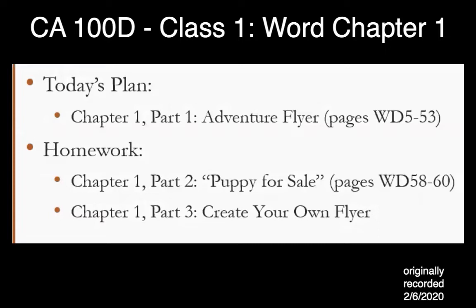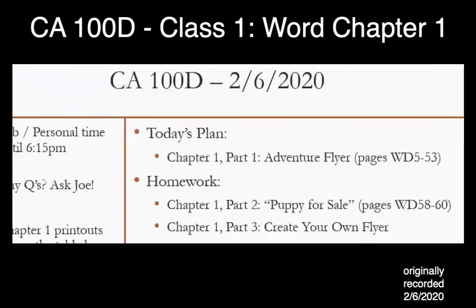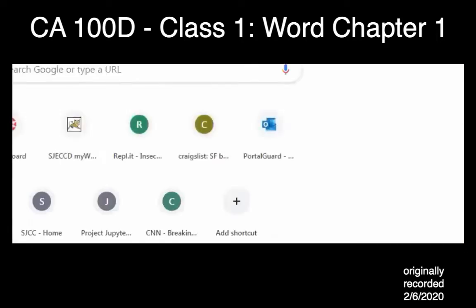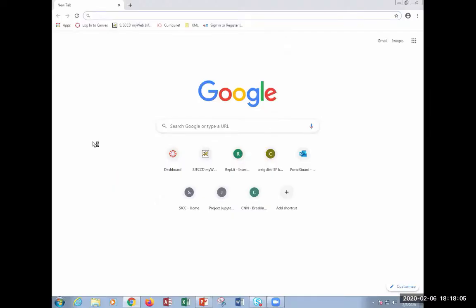But the first thing that I wanted to do is to remind you about a couple of things about our class and Canvas. As I said last time, everything, and by everything, I mean everything, is done inside of Canvas.